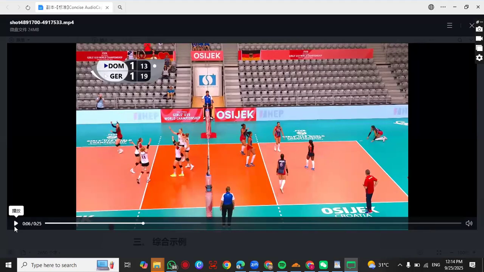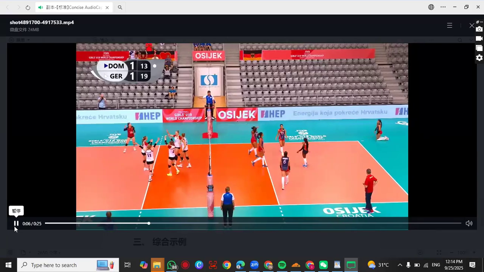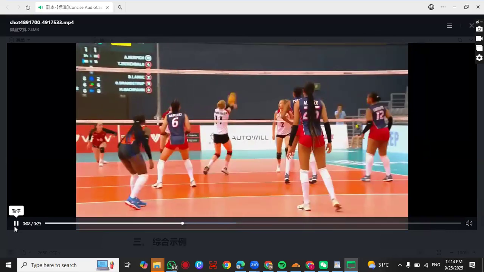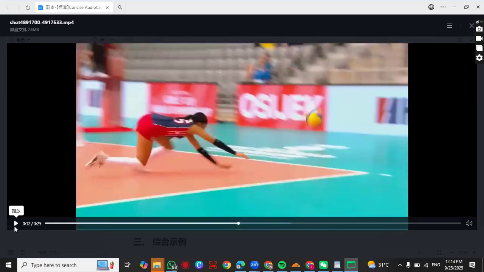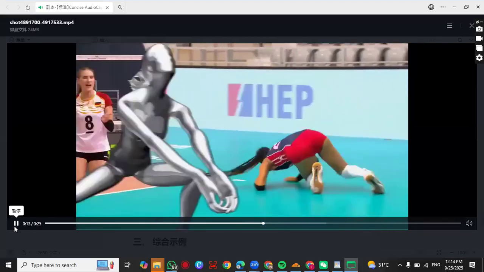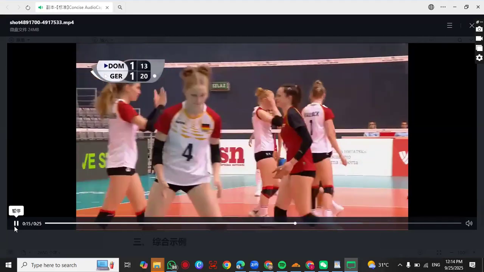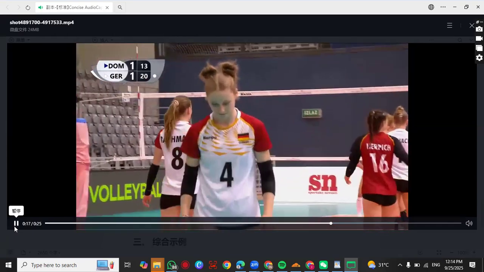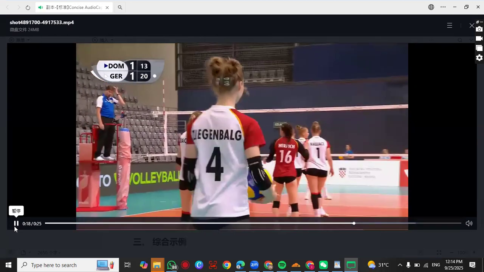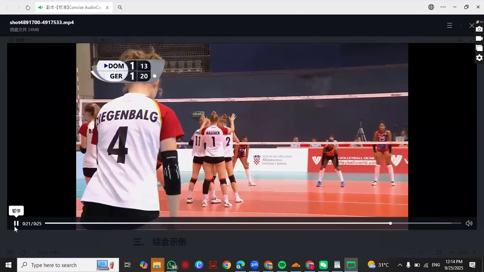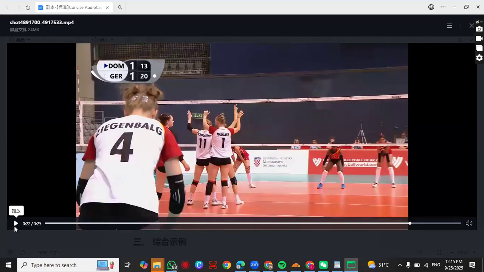The players, they're like shouting. Also, the screeching of the shoes is being heard. Music is also there. In some part of the video, there's music. Again, second time whistle.